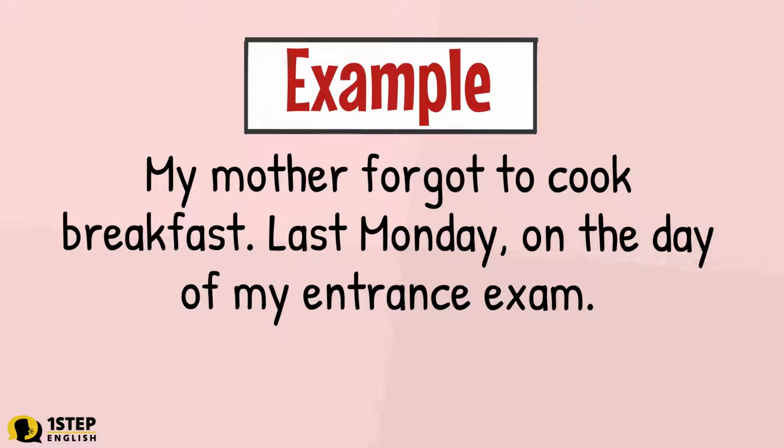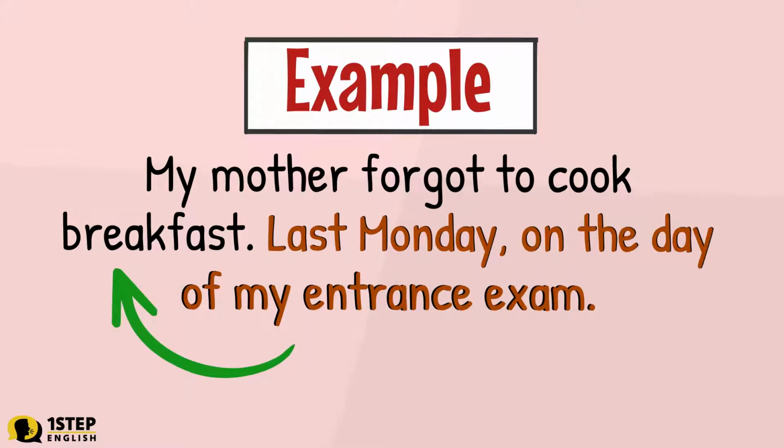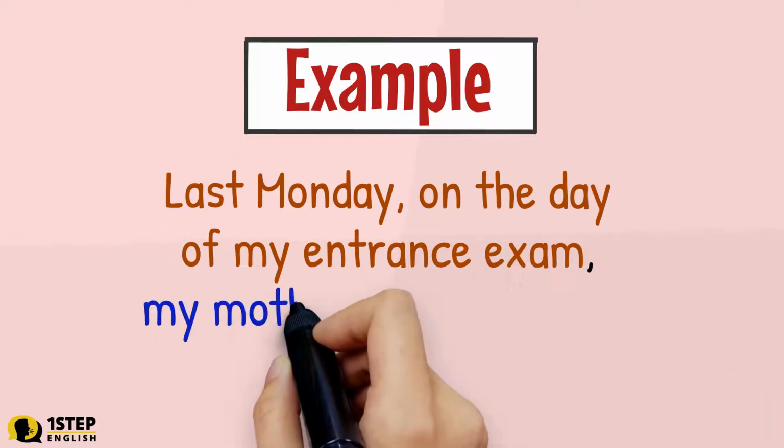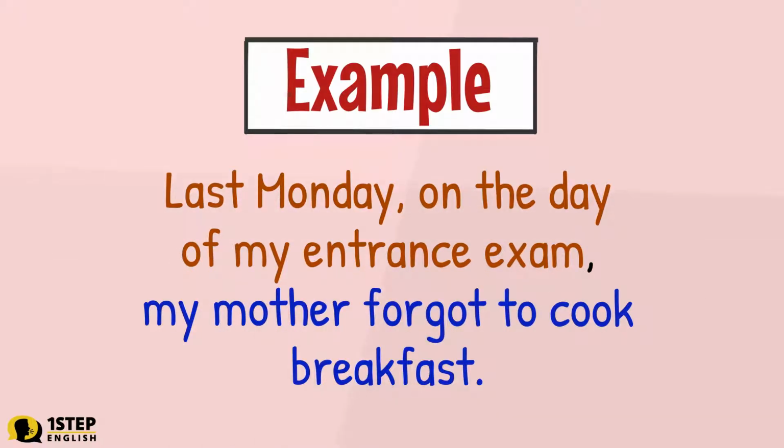Last Monday, on the day of my entrance exam. You can attach the fragment, or the last sentence, last Monday, on the day of my entrance exam, to the first sentence, to make a complete sentence. Last Monday, on the day of my entrance exam, my mother forgot to cook breakfast.